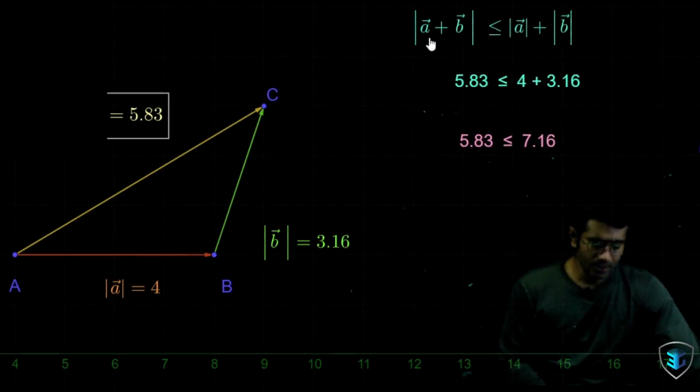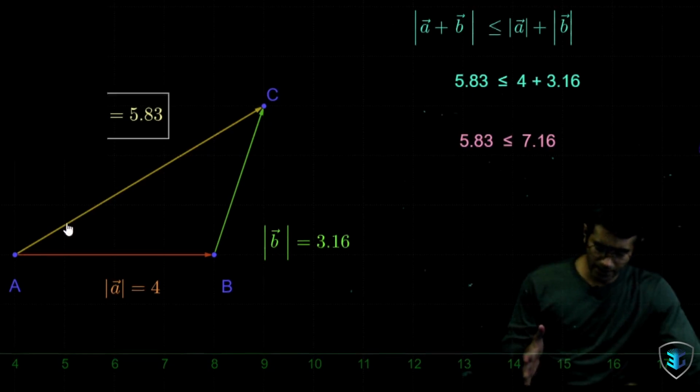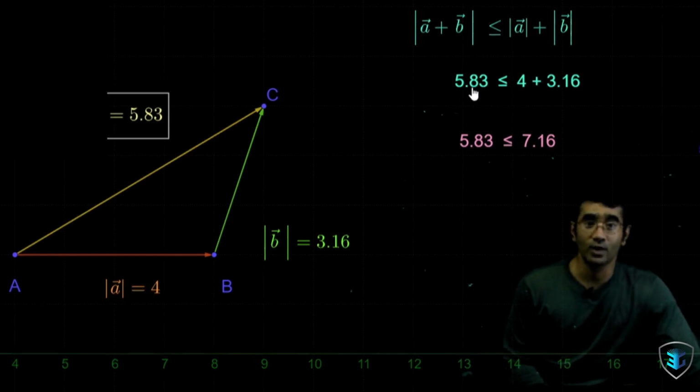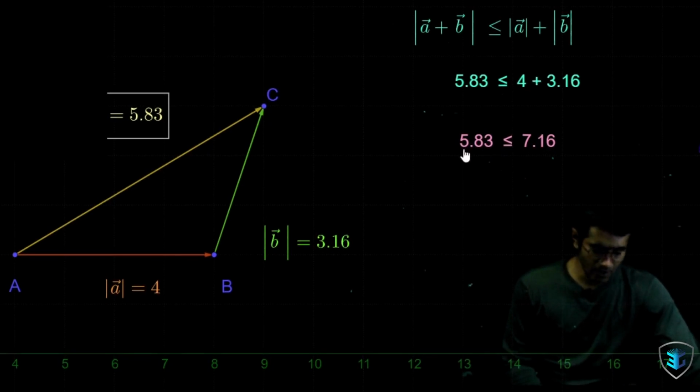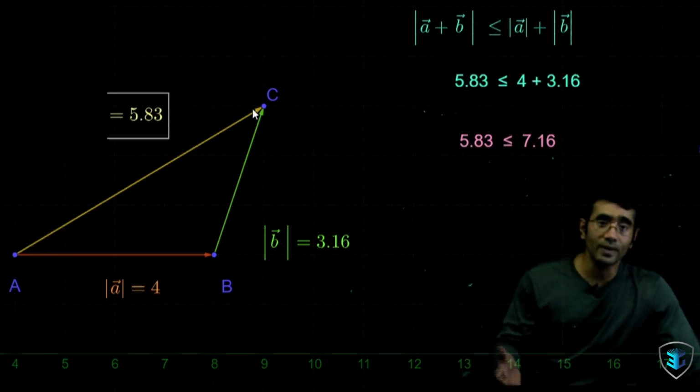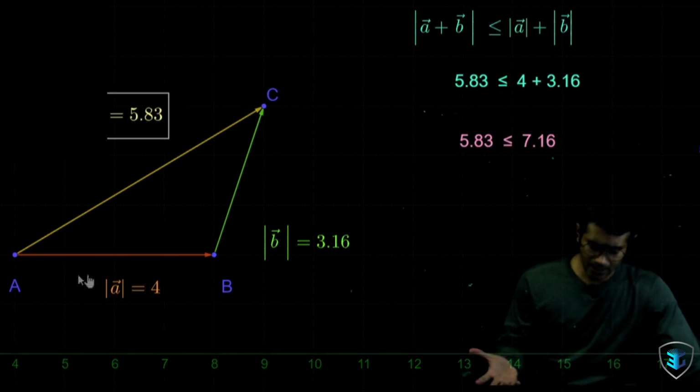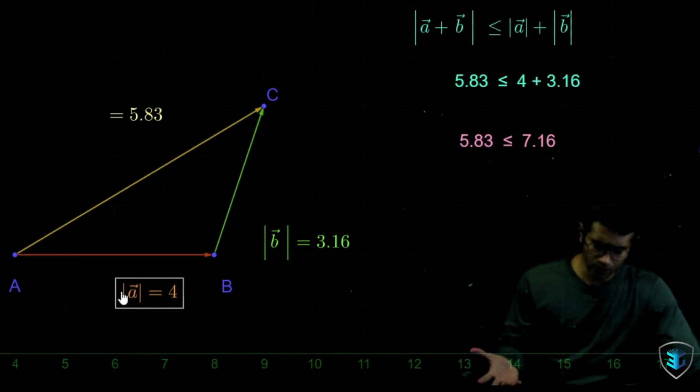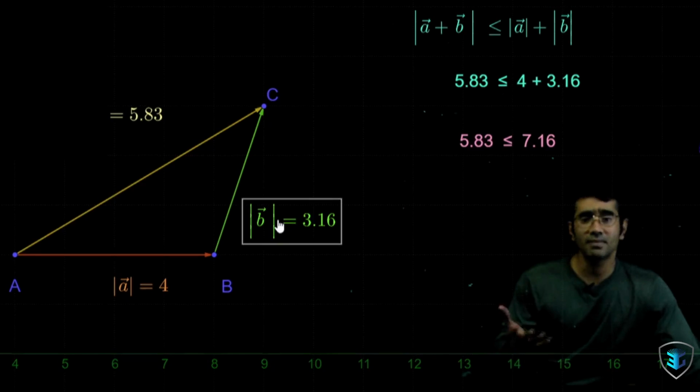I can see that the modulus of A plus B, which is the vector AC in this case, is 5.83. And if I add 4 plus 3.16, I get 7.16, which is definitely greater than 5.83. So it means the modulus of A plus B is always less than the sum of the modulus of A and the modulus of B. Makes sense, isn't it?